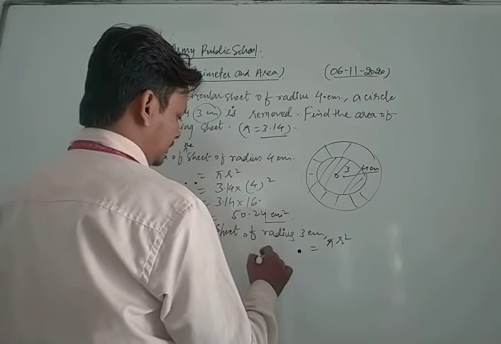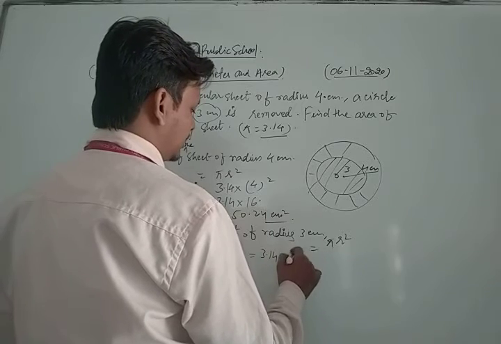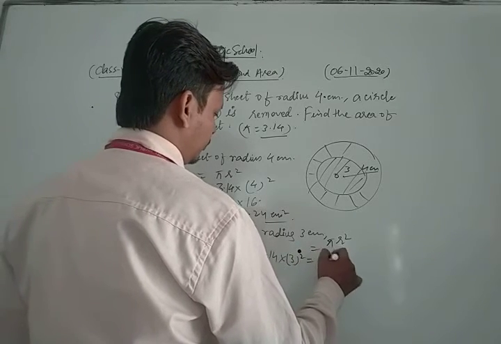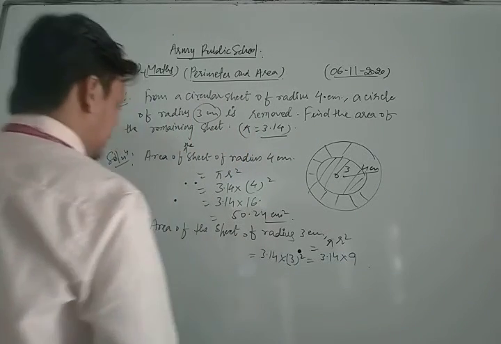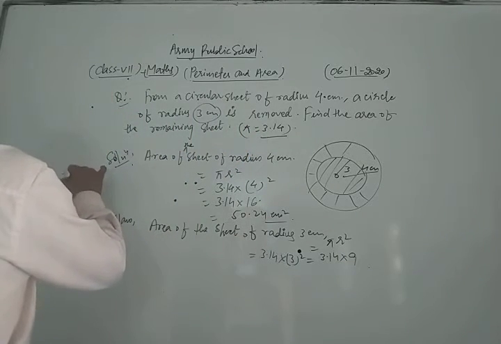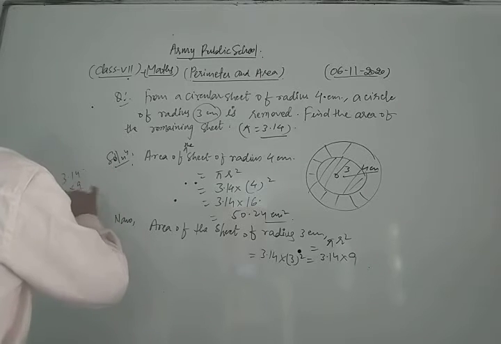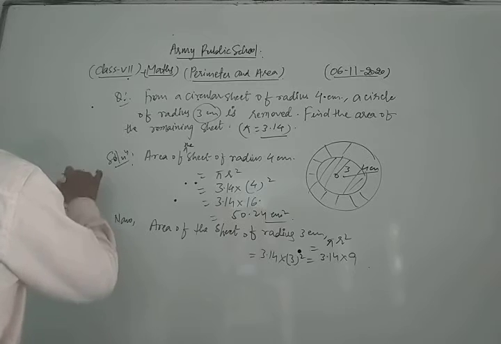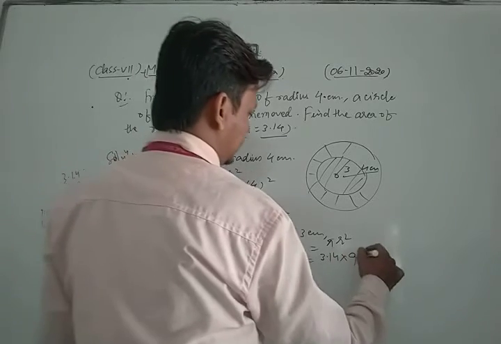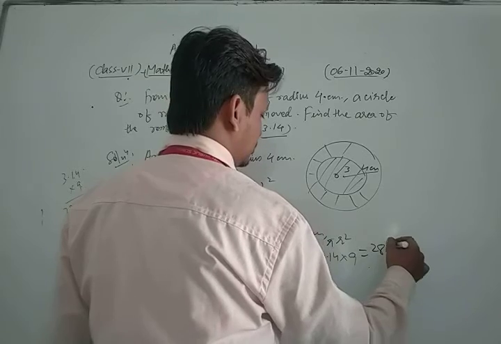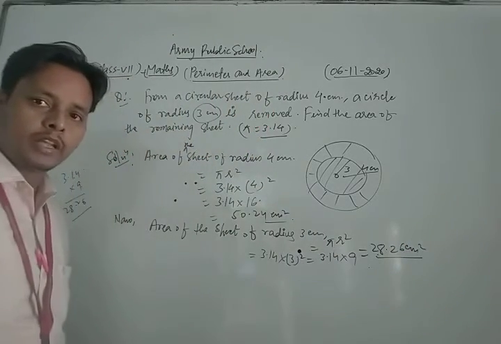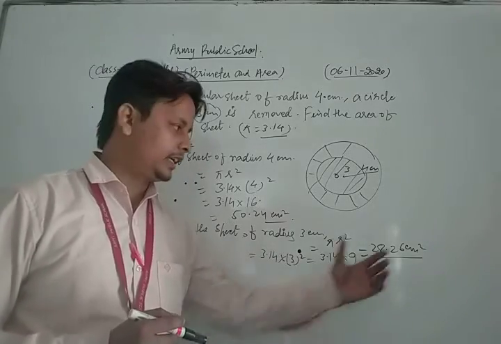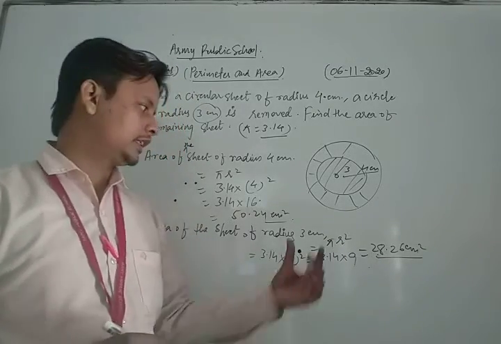Taking pi as 3.14, and 3 square is 9, we get 3.14 into 9. Multiplying them, we get 28.26 square centimeters. In this way, we also find the area of the circular sheet of radius 3 centimeter.